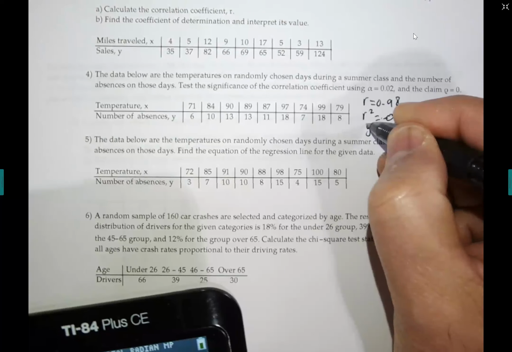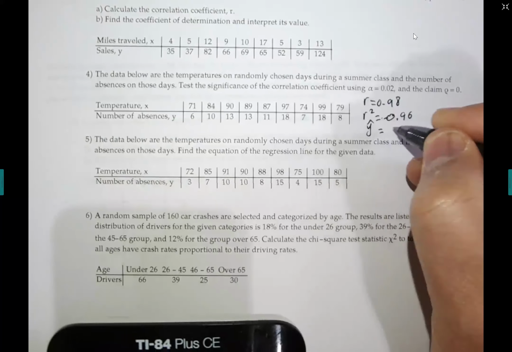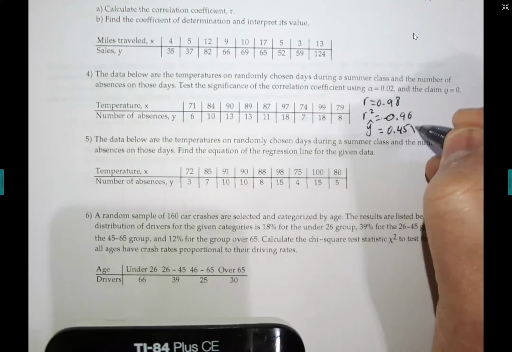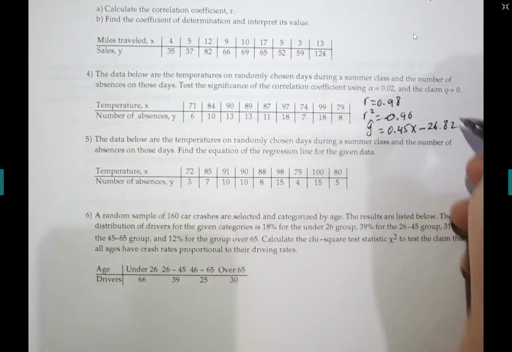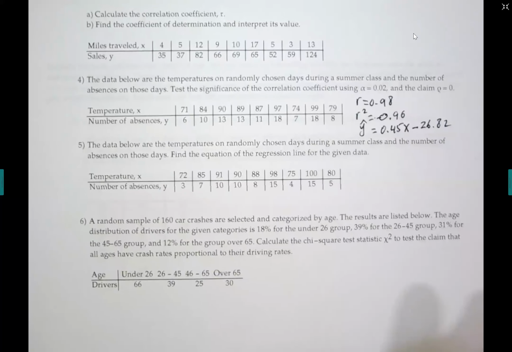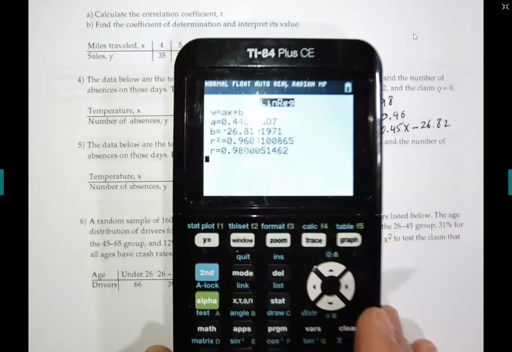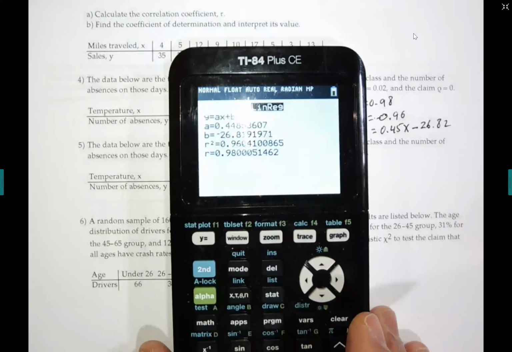And the equation is 0.45x minus 26.82. So see, we answered 3 questions here, but we still haven't answered what he wants us to do in number 4. There you go, guys. This is the output.